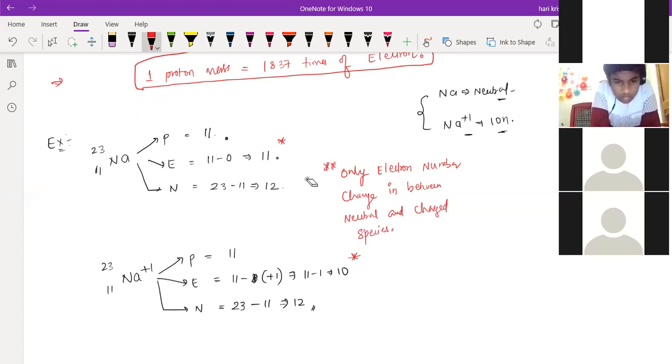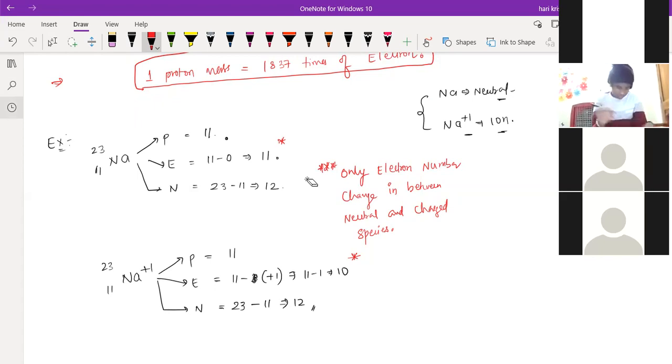Clear? Only electron number changes between neutral and charged species. Sir, can you explain which one, that only electron number changes in between?